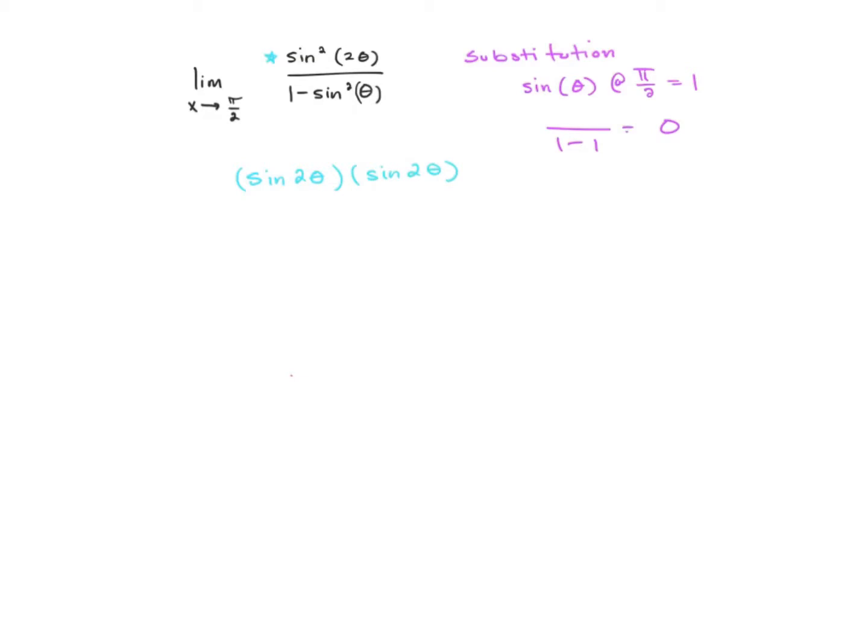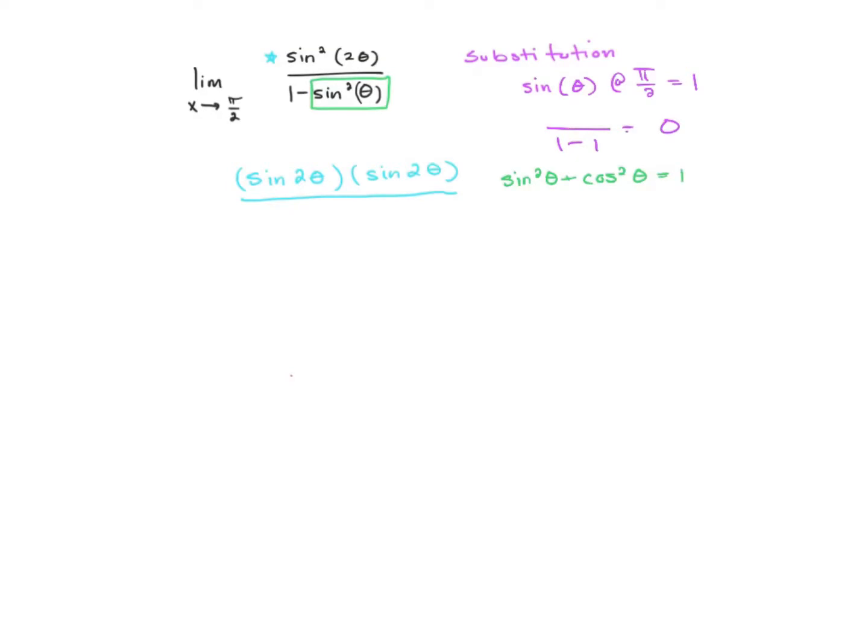And then underneath, when you have a sine squared, the first alarm or thought that should pop in your head is, ooh, sine squared theta. That's my Pythagorean identity with trig. And what that identity is: sine squared theta plus cosine squared theta is equal to 1.